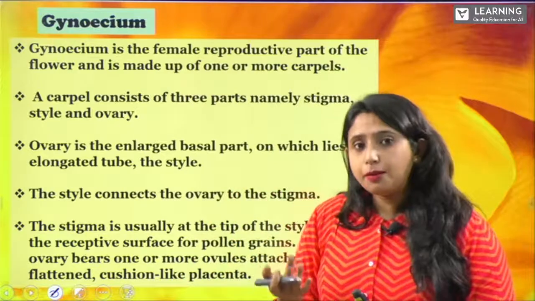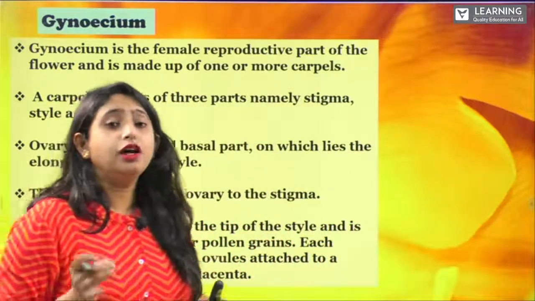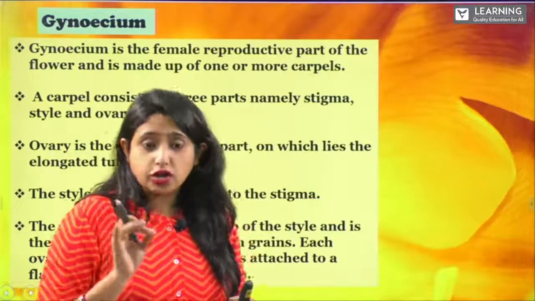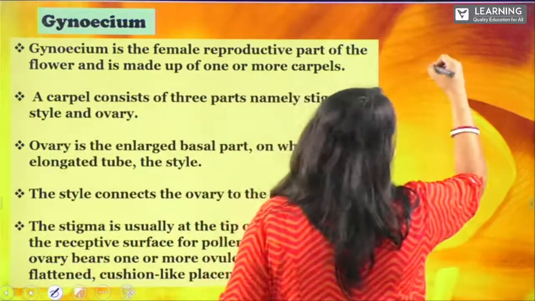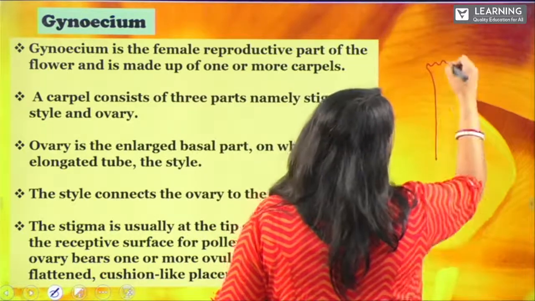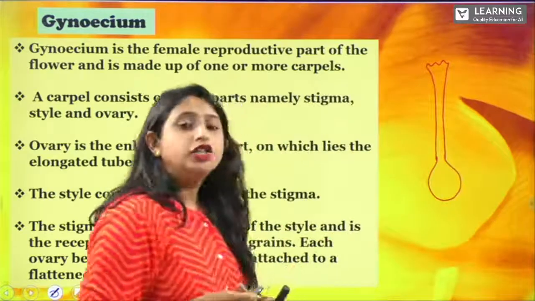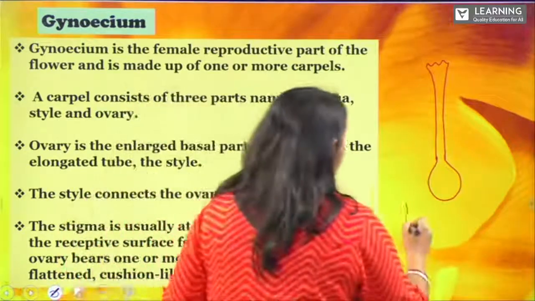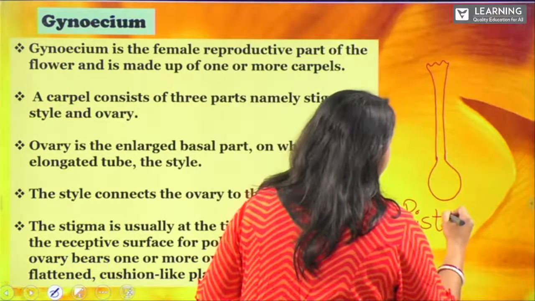Now let us learn about the gynoecium. Which one is the gynoecium? That is the female reproductive part of the flower, right? We call it the carpel or pistil. It looks like this, isn't it? A pistil, or a carpel, has 3 parts.